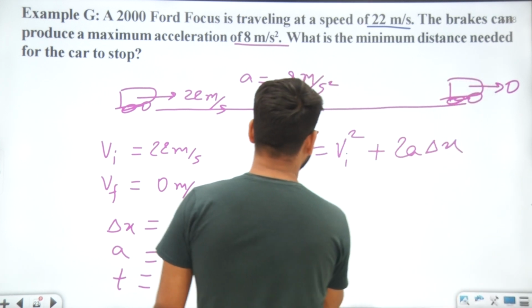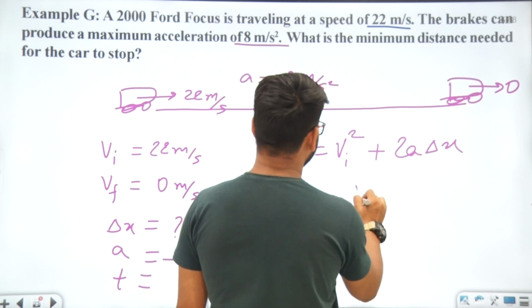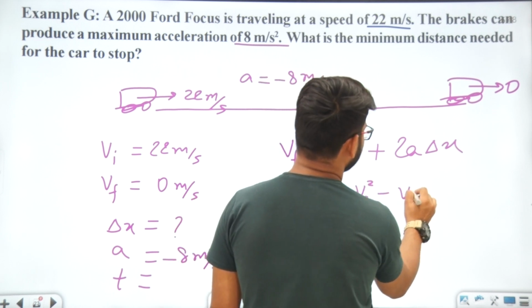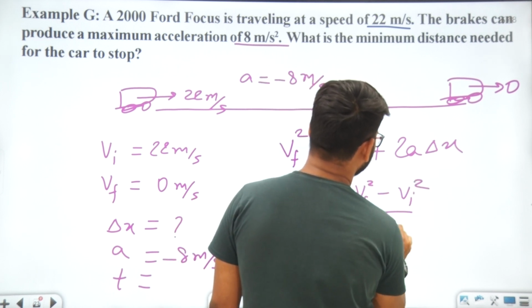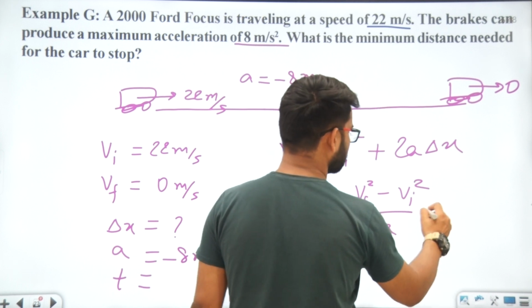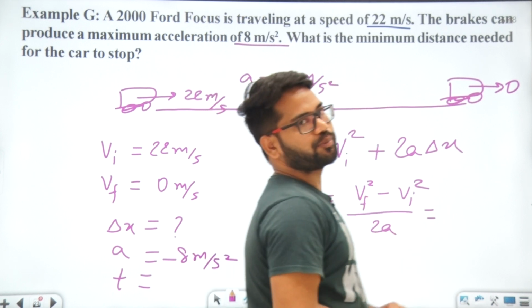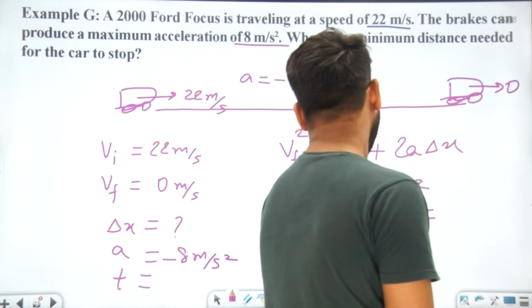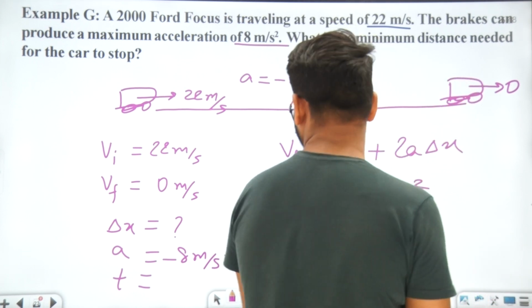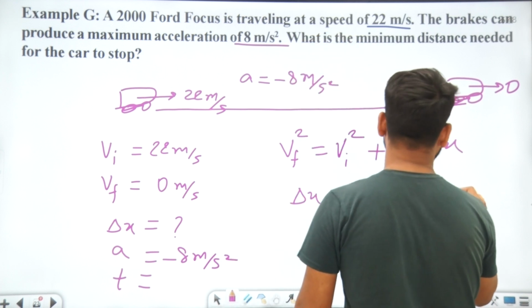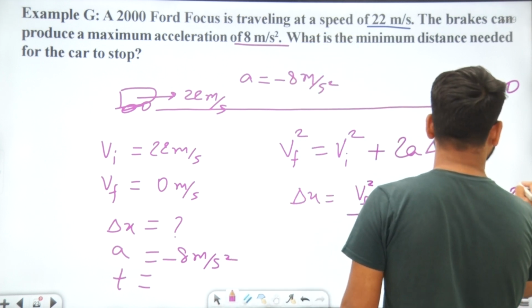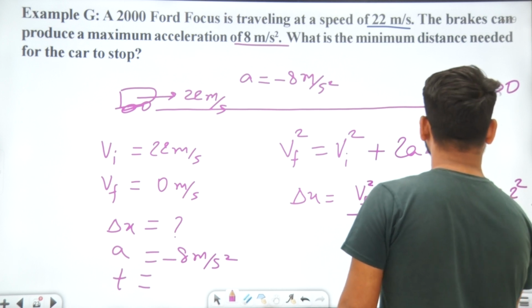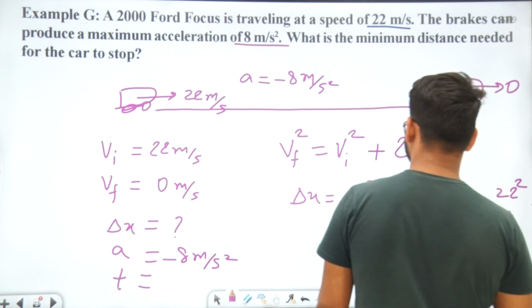So delta x will be Vf squared minus Vi squared over 2a. We just need to put the values and we will get the answer. Vf is 0, so 0 squared minus 22 squared over 2 into minus 8.